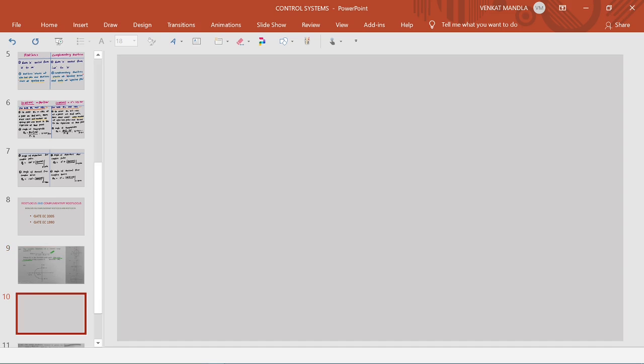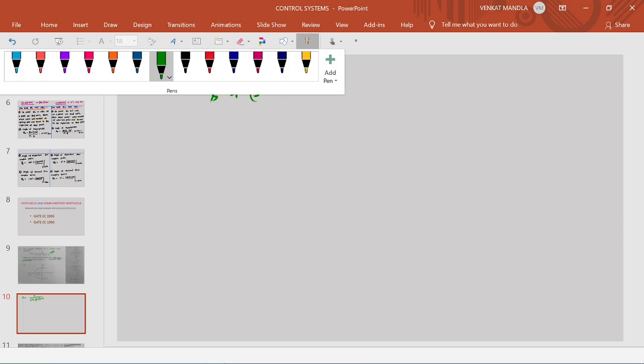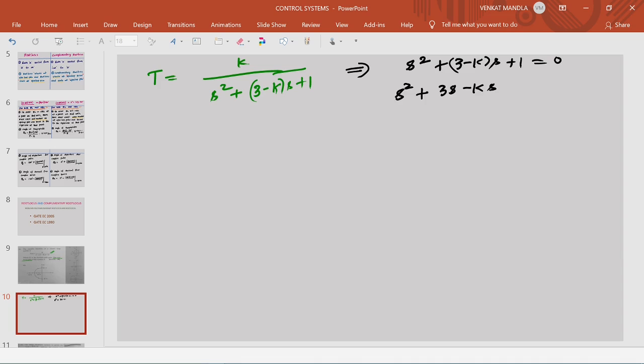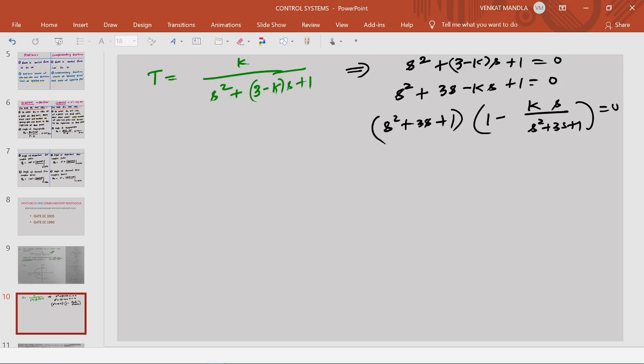Now here the transfer function is given as K by s square plus (3 minus K) s plus 1. What is the characteristic equation? The denominator: s square plus (3 minus K) s plus 1 equal to 0. From this, 3s minus Ks, I will make s square plus 3s plus 1 common. s square plus 3s plus 1 minus K s equal to 0.